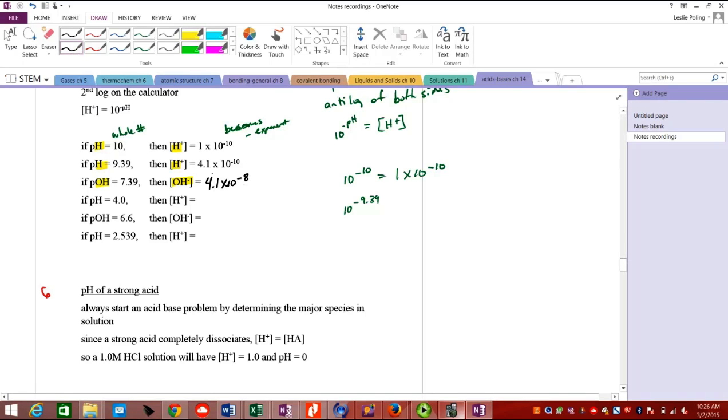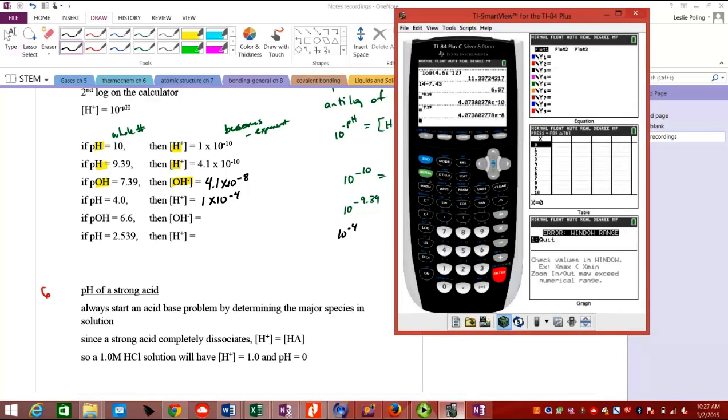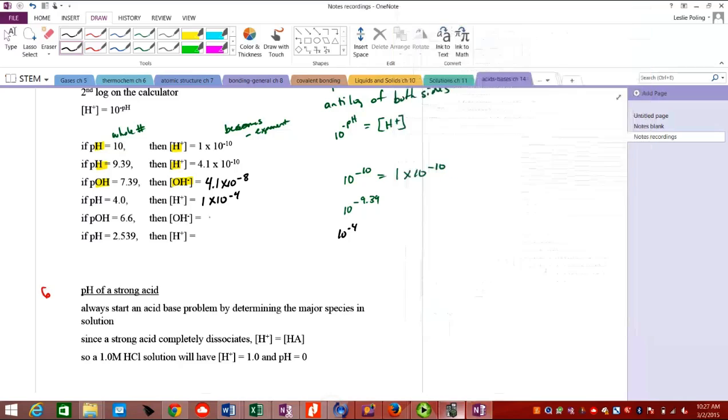The exponent gives you the number before the decimal, and the coefficient gives you the numbers after the decimal. So if pH equals 4, 10 to the minus 4, well then all we have to do is that. 6.6, we've got to use the calculator. So second log negative 6.6, we get 2.5 times 10 to the minus 7.